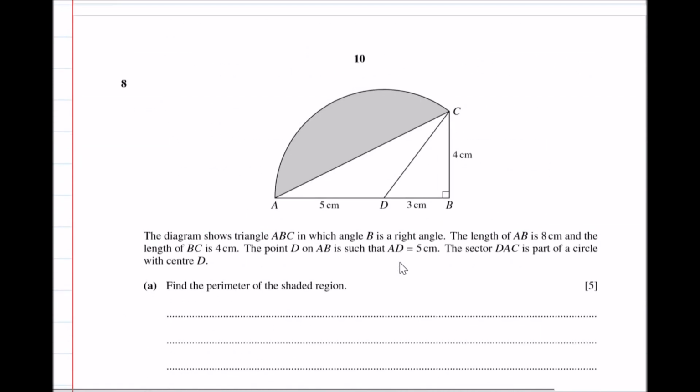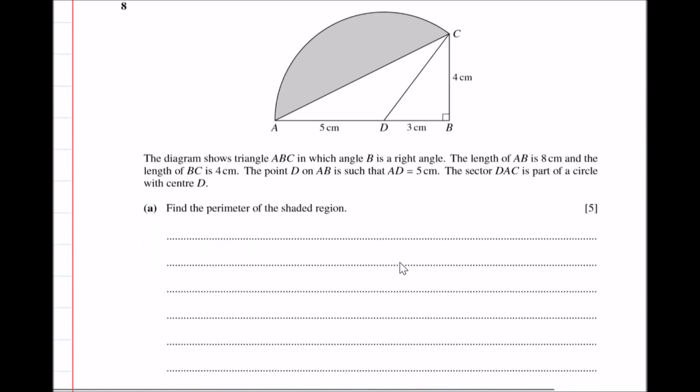Now, question number 8. Here it says the diagram shows triangle ABC in which angle B is a right angle. The length of AB is 8 centimeter and the length of BC is 4 centimeter. The point D on AB is such that AD equal to 5 centimeter.